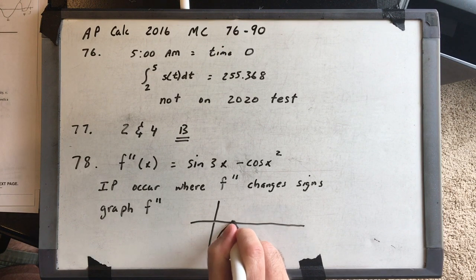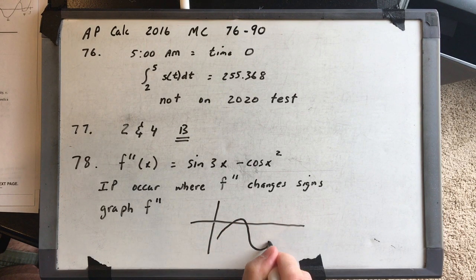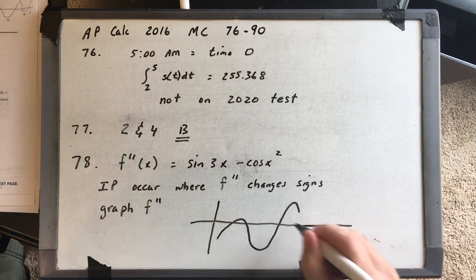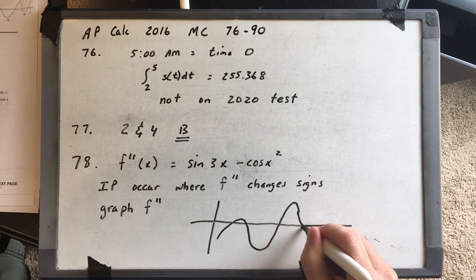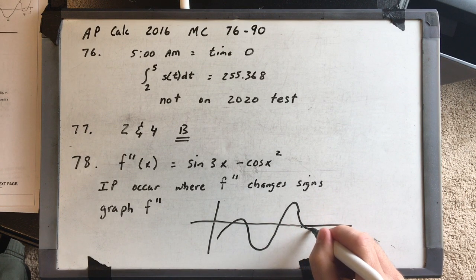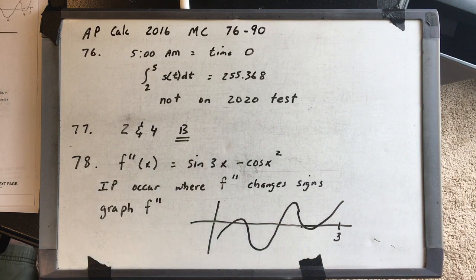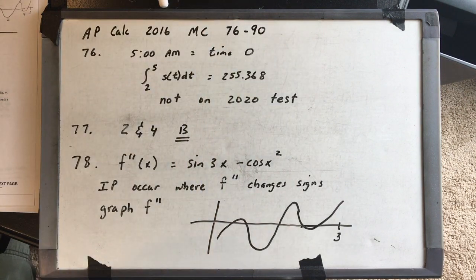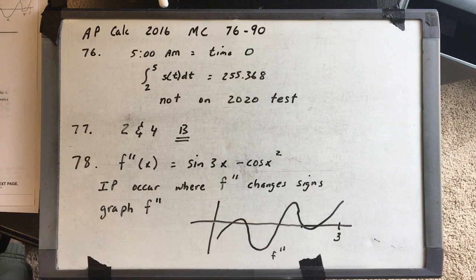You'll have to zoom in, because in a couple places it just barely goes above or below the x-axis. It's kind of mean. So let's say that's 3. Again, this is a graph of f double prime. Where does it change signs? You can graph this along with me in your calculator.